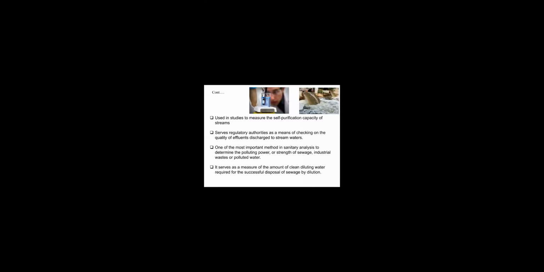Measurement of BOD in raw influent and treated wastewater is the standard practice to evaluate treatment facility performance. Data from the test are used for the development of engineering criteria for the design of wastewater treatment plants. Used in studies to measure the self-purification capacity of streams.